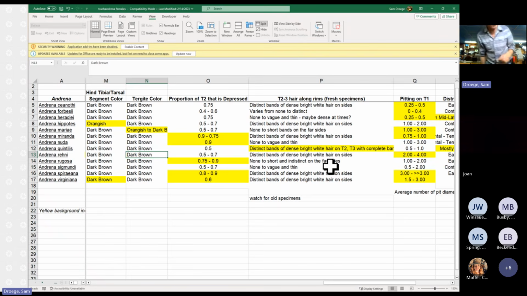In other words, it's a specialist on chestnut, American chestnut, and also on chinkapin. And so that's why there was this big hiatus. Like no one could figure out why there are no recent records of it. Oh wait, I put this in the wrong place. I'm going to correct that. Quintilis, you go there.